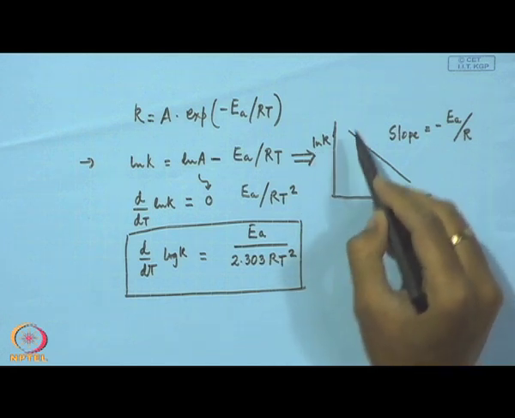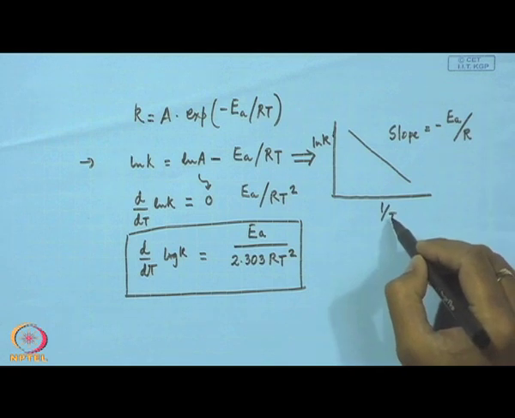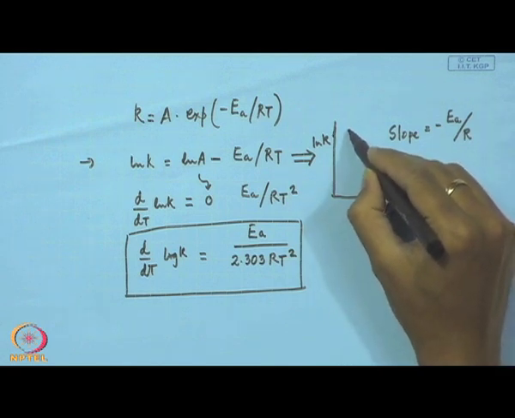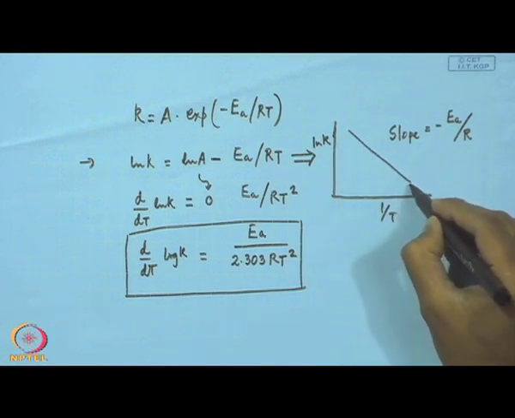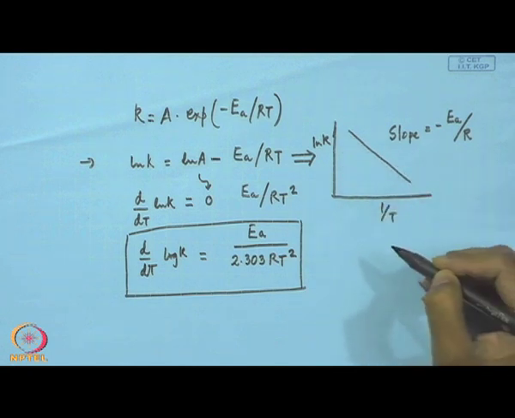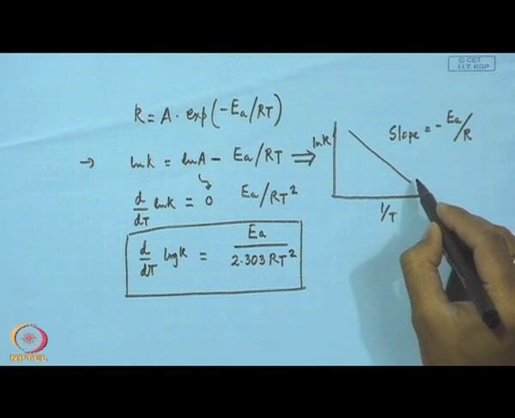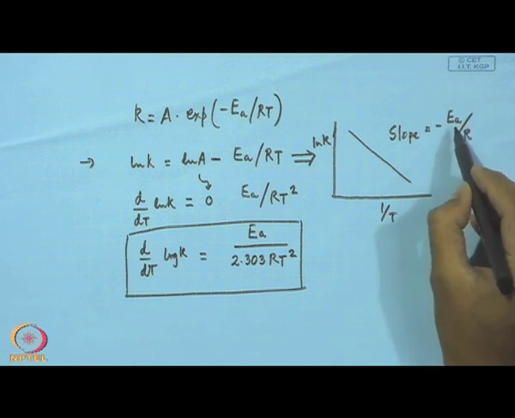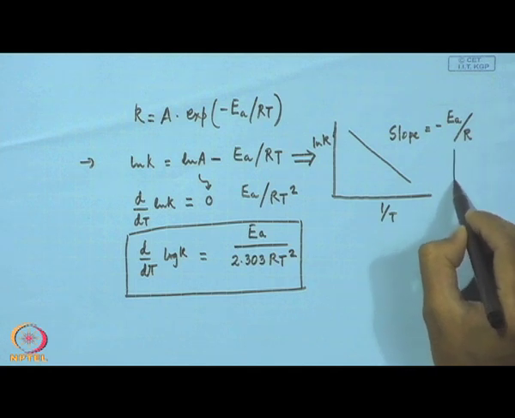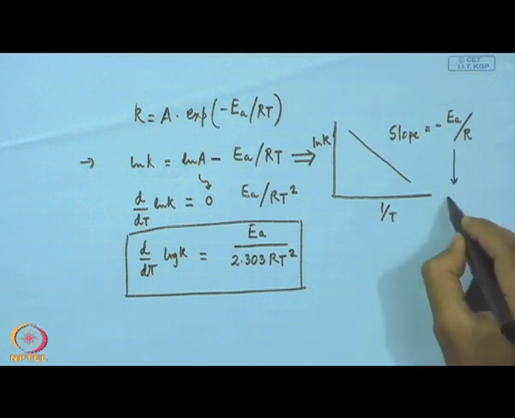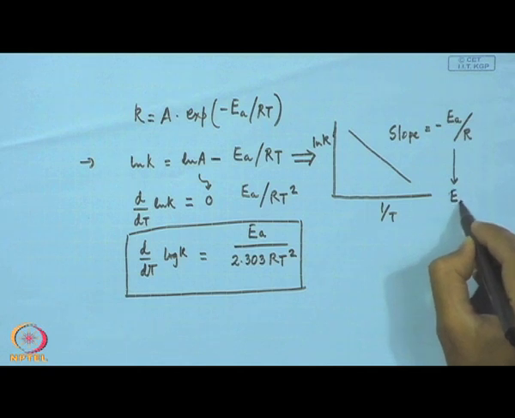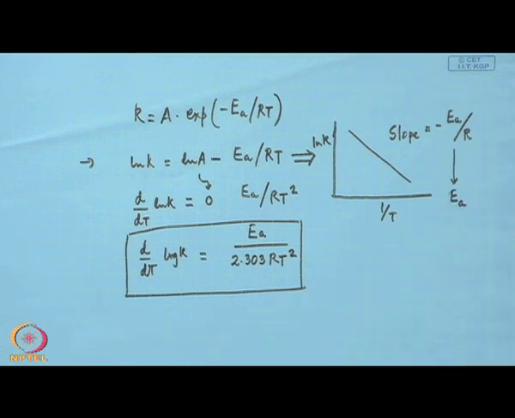If we plot ln k like this, from the plot we get a slope. So, the slope will be giving you EA by R. That means it is a way of finding out the term EA, the activation energy.